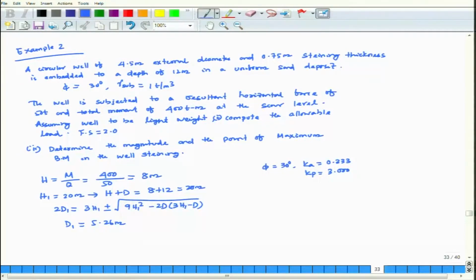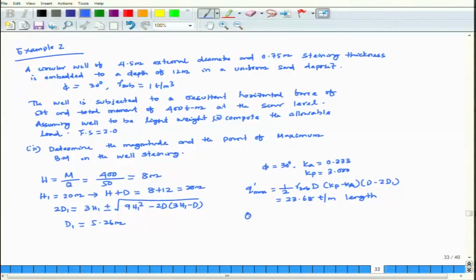So now we can calculate Q maximum, which is equal to gamma submerged into Kp minus Ka into d minus 2d1, which comes out to be 23.68 ton per meter length.